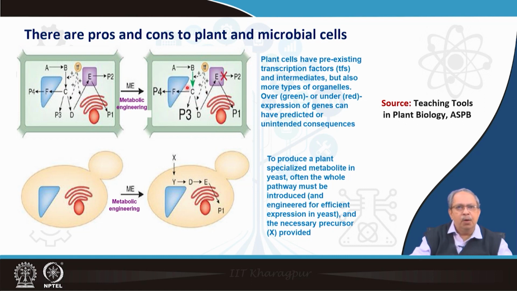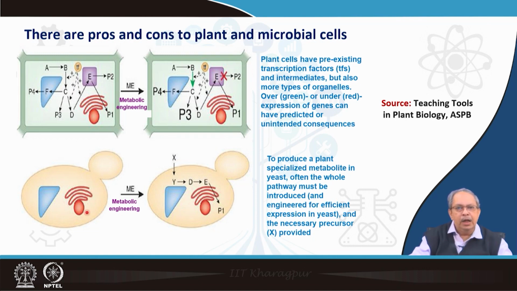If things work properly, then you may get the desired product P3 in higher amount, but there is also a possibility that the C, which will produce P, may prefer to run the pathway towards D. So, you may have to block here, or if you are interested to produce more of E, then the catabolism of E has to be blocked, as shown here.